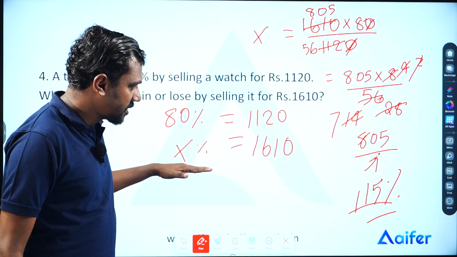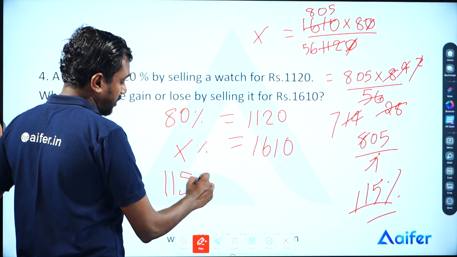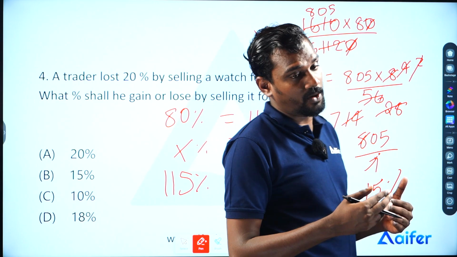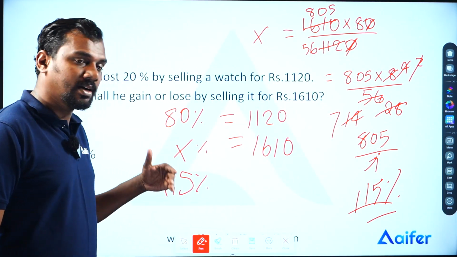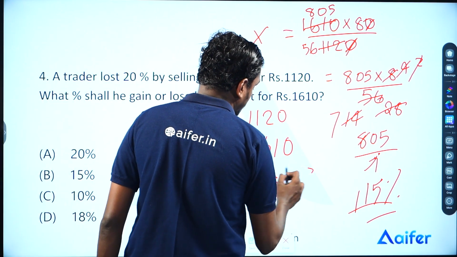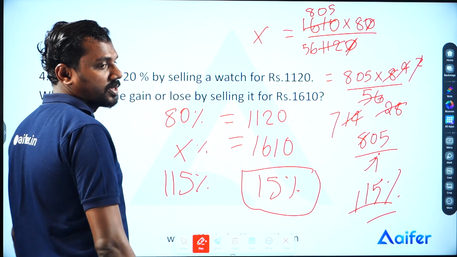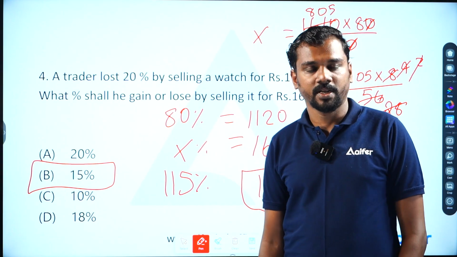We know when the percentage is greater than 100, it's a profit, and when the value is less than 100, it's a loss. So here we have 115, which means we have a 15 percentage profit as the correct answer.